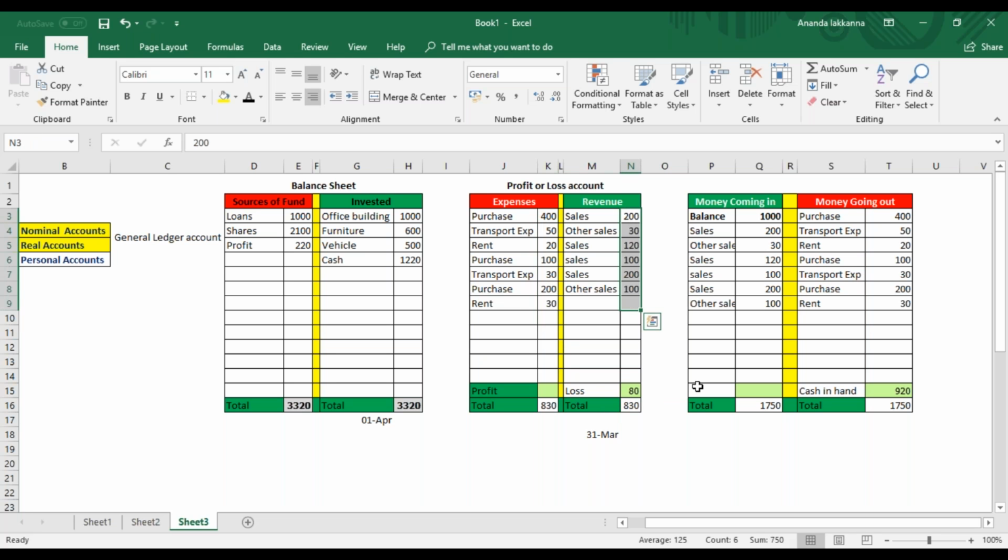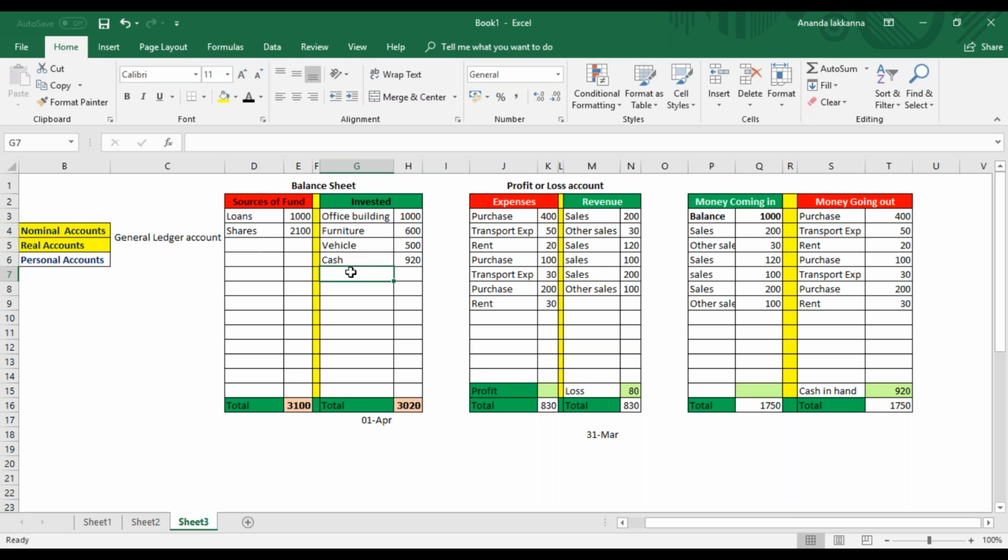In cash I had 1000 rupees, so with the 750 I got, 1750 total, but I spent 830. So whatever I had, 1000 rupees in my account, is reduced to 920, meaning 80 rupees has gone out of the business. Then obviously my cash will reduce to 920, not a profit.